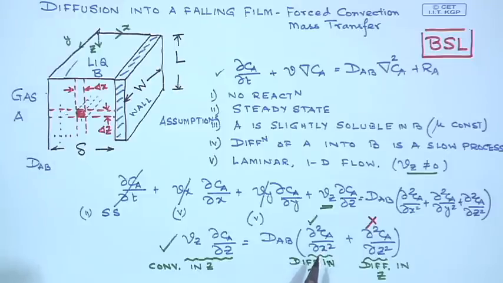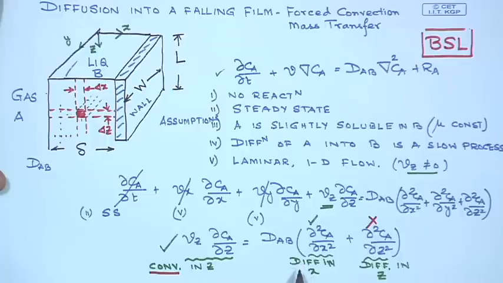So, the summary of this is that the principal reason for A to get transported in the z direction is by convection, and the way A can get transported in the x direction is by diffusion.